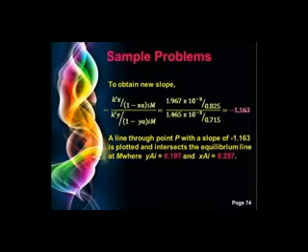The slope earlier was computed as negative 1.342, which is far from negative 1.163. So we need to do another trial.